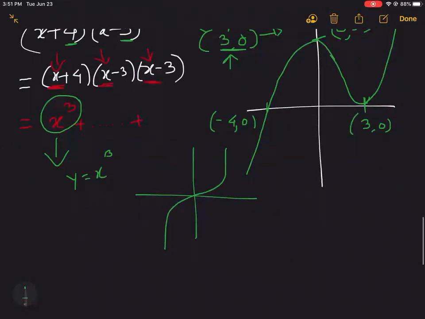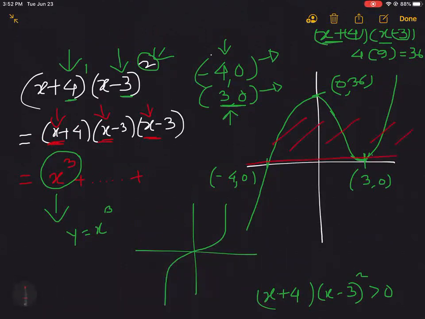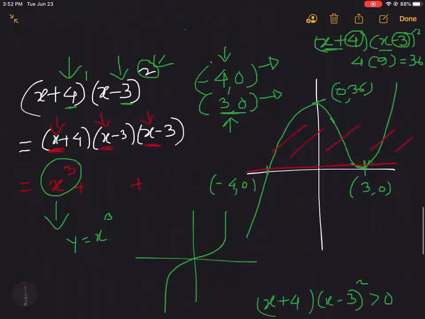But you only need the portion where this is strictly greater than 0. So this will be for this portion, okay? And for this inequality, this part won't be there, okay? But that's how the graph looks.